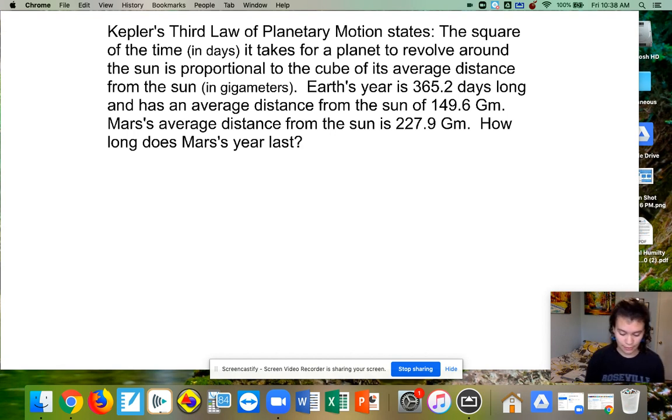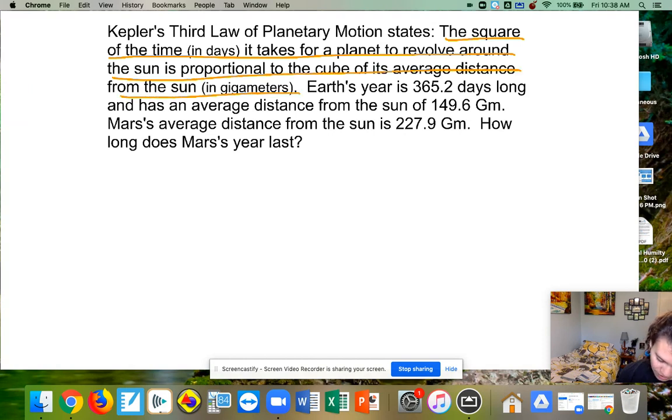So we want to first start by writing the equation. If we look at just the first sentence here, we can find some information. We want to decide, is it proportional or inversely proportional? It says proportional right there. So right off the bat, you know that we're looking for some sort of y equals kx. Keep looking, it says the square of the time in days is proportional to the cube of the average distance.